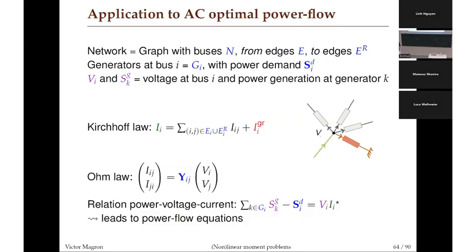There are very few generators compared to the number of buses. The vertices of the graph are the buses, and in some of the vertices you have generators, sometimes several, sometimes zero. For instance, I don't know how many generators the University of Tromsø has. Maybe zero.